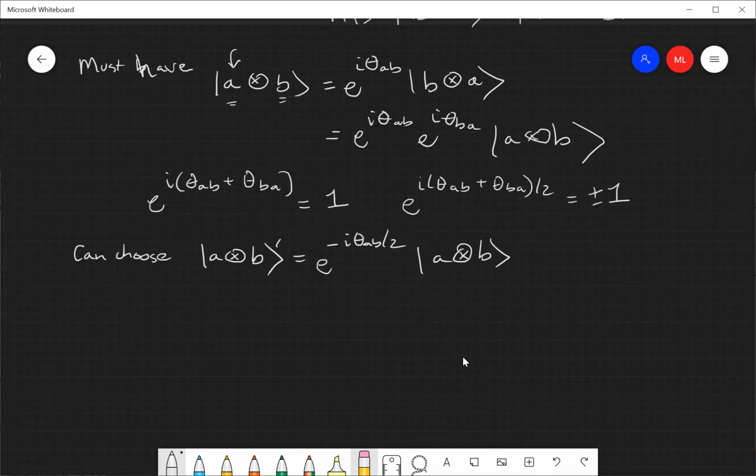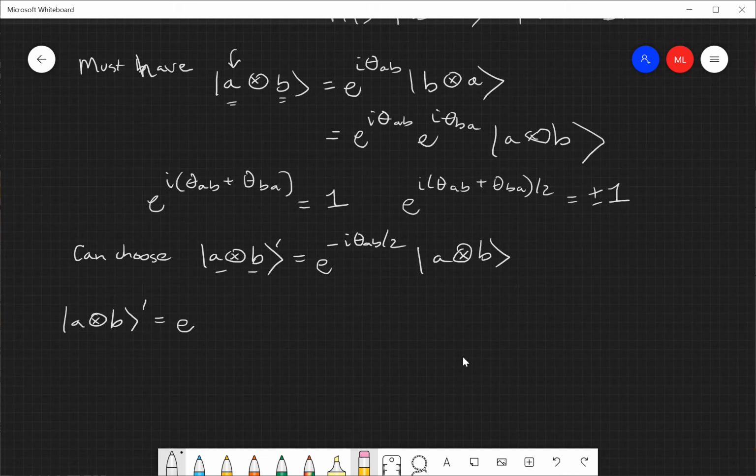That's just the definition. And if we choose these states, then we can look at what happens if you exchange A and B for these kinds of states. So this is equal to this. Of course, if we flip A and B, then it'll pick up e to the i theta AB.